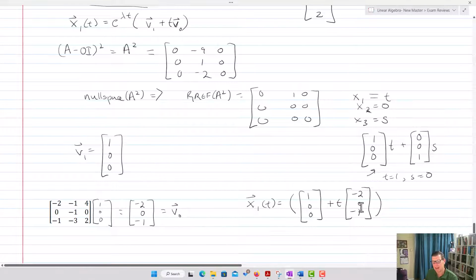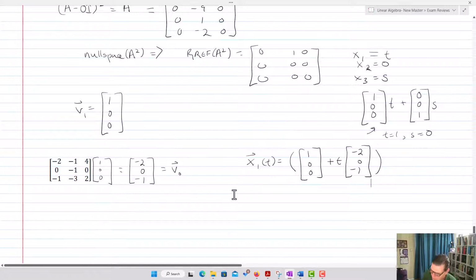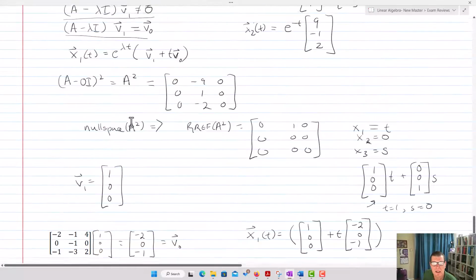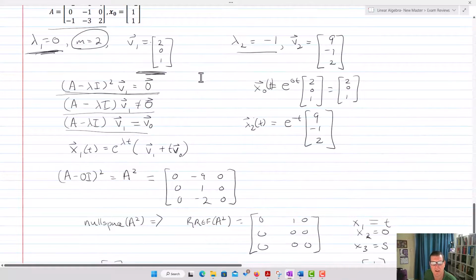Then I just plug it back into the equation for x1 of t, and I'm done with finding the third vector. Finally, my solution x of t is going to equal: we've got e to the 0t with a corresponding vector of 2, 0, 1.